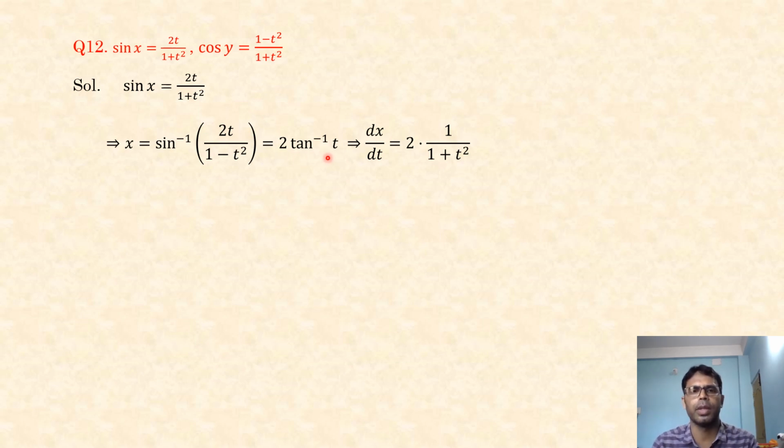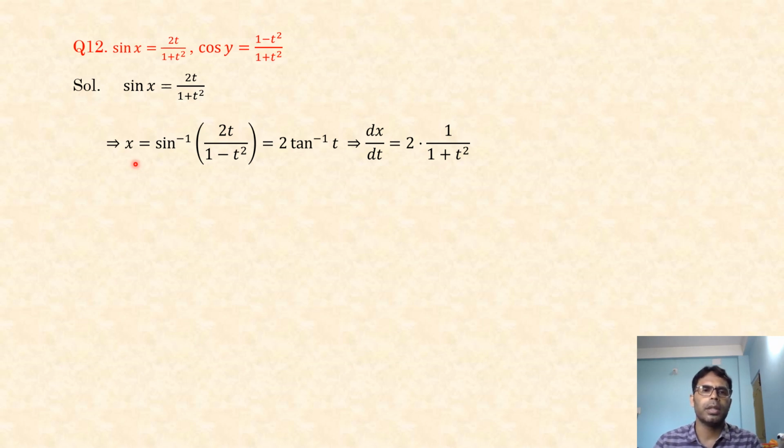This is a formula actually in inverse trigonometric functions, and I have discussed this in the chapter differentiation of inverse trigonometric functions. We have only written the theorem there; we will prove how this part is equal to 2 tan inverse t in the inverse trigonometric functions chapter, but I have written the formula in the derivative of inverse trigonometric function chapter.